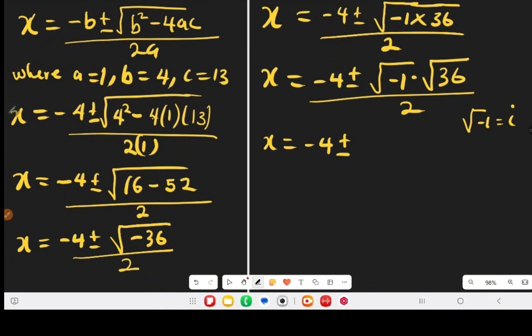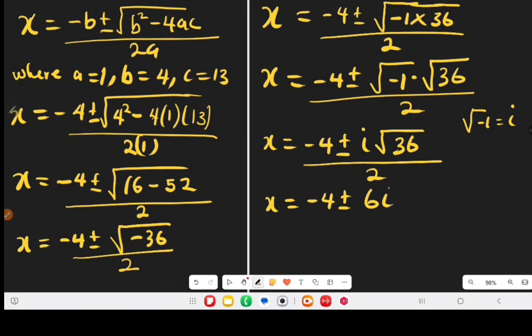Now in place of that, we have i root 36 all over 2. x is equal to minus 4 plus or minus root 36, which is 6. It becomes 6i all over 2.